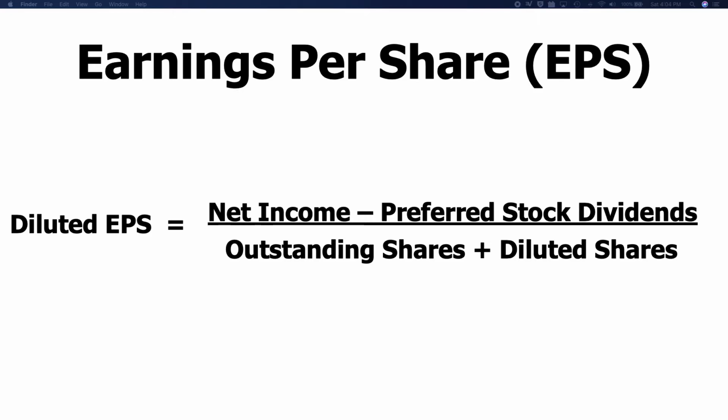So in simple terms, these are basically transactions where a person or company can pay for the right to buy the stock at a later date for a specified price. Not all stock options will be exercised, but it's a useful metric because it shows the total amount of shares if all of those options are exercised. So it's a kind of worst case scenario, and then gives us a more conservative number, which is usually preferred by investors.